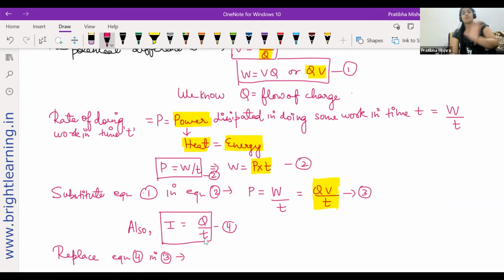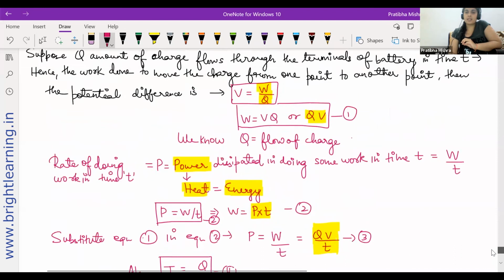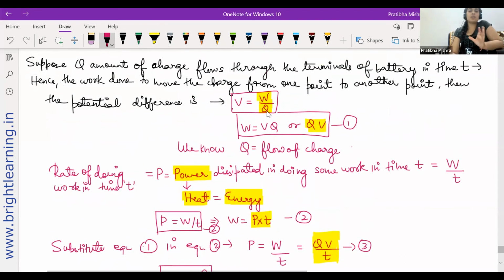Okay. So your question is, let me just explain one thing here. Let me scroll up. V is equal to W by Q. The potential difference is nothing but the work done in moving a charge. From here, I'm getting V is equal to W by Q. So if I rearrange, W will be VQ.